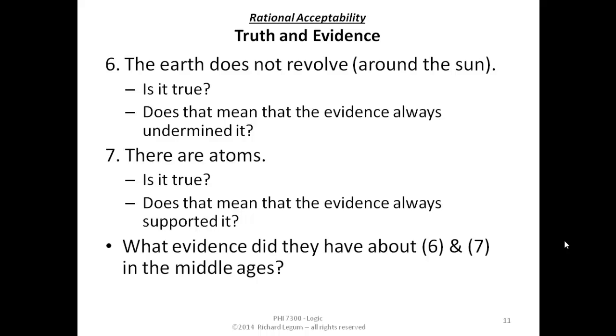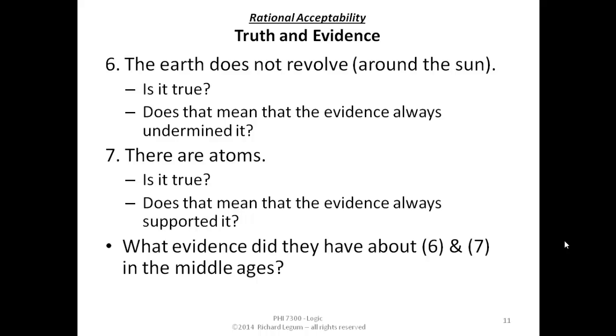Similarly, back in the Middle Ages, despite the fact that we're now pretty sure, and everybody agrees, that it's true that there are atoms, that the basic components of the material things of the universe are these atoms. In the Middle Ages, if somebody said that things were made up of these little tiny particles, that these solid objects were mostly space, the way the atomic theory of science claims, they'd say, wait a second, there's no evidence.